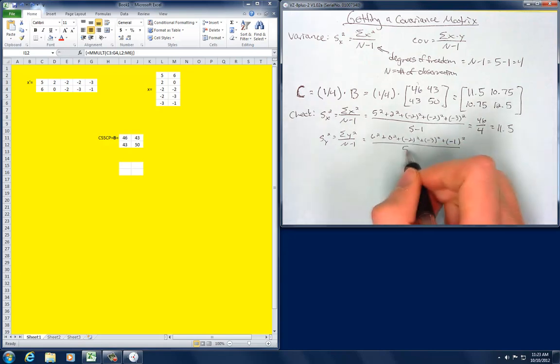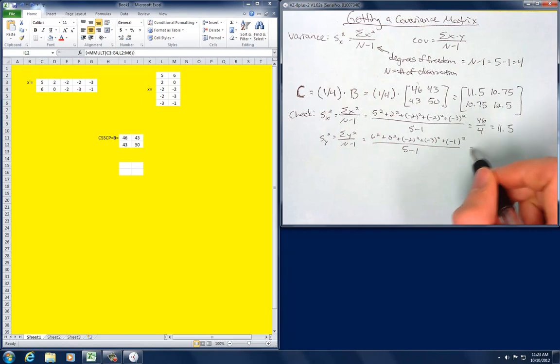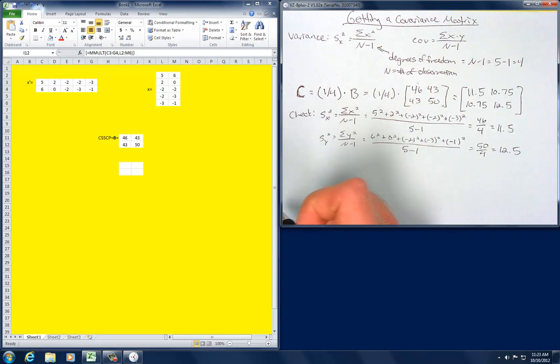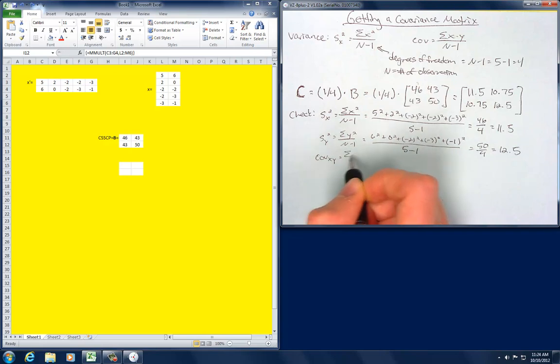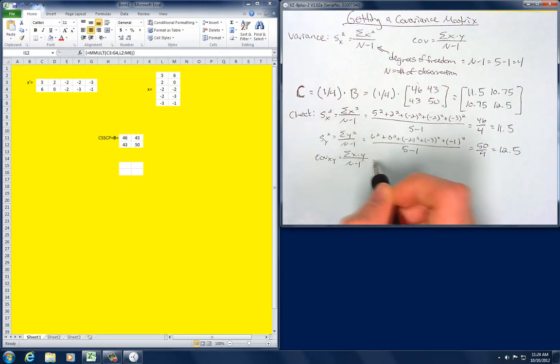That's over degrees of freedom, and we get 50 over 4, which is 12.5, which matches here. And lastly, on the off diagonal, we get the covariance of x and y, the sum of products of x and y over degrees of freedom.